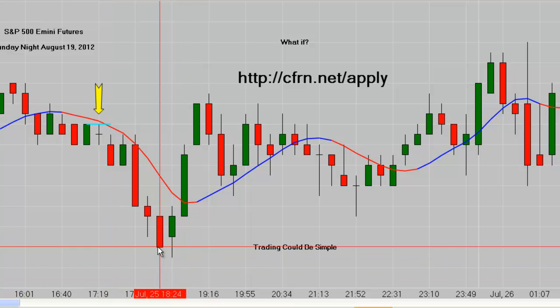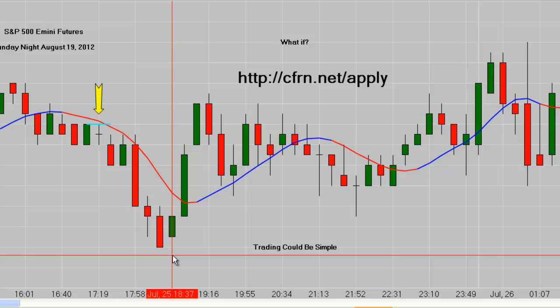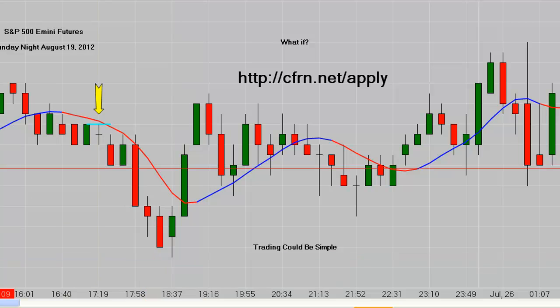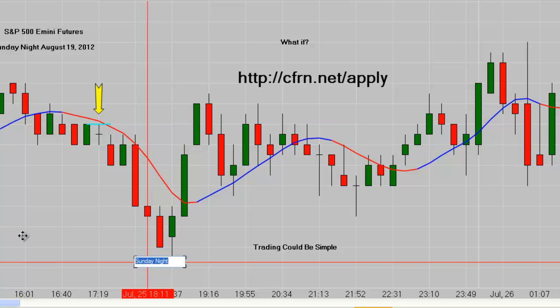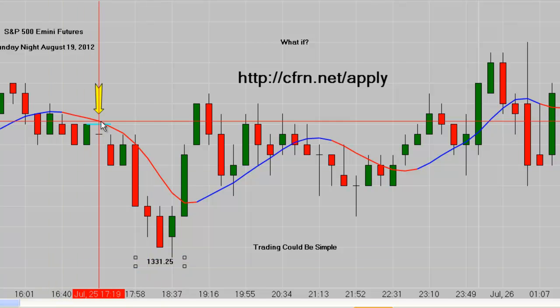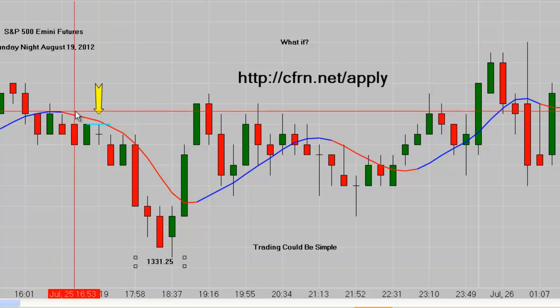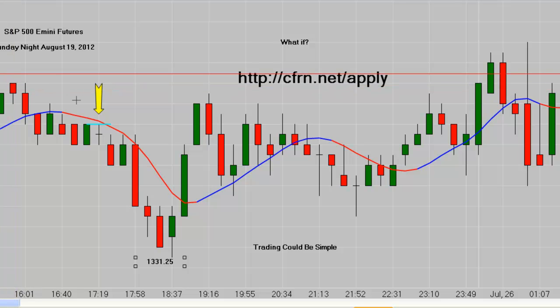Price ultimately dropped to a low of 1331 1/4. And what I said the price up here was 1334.50.